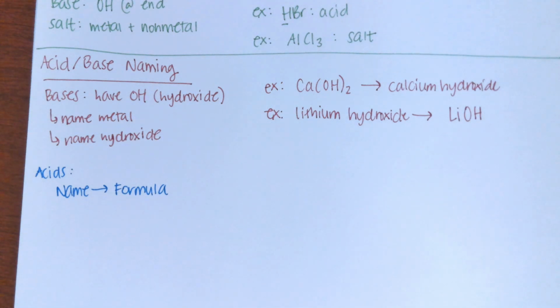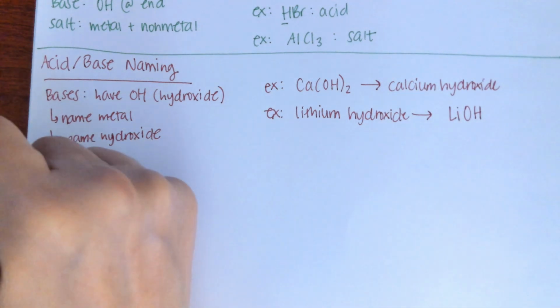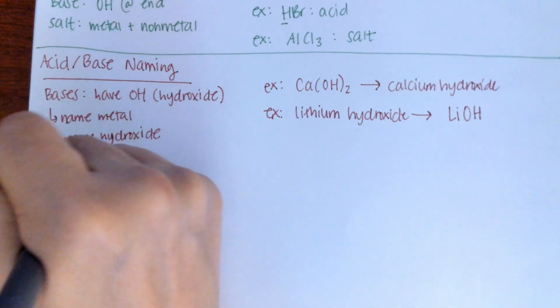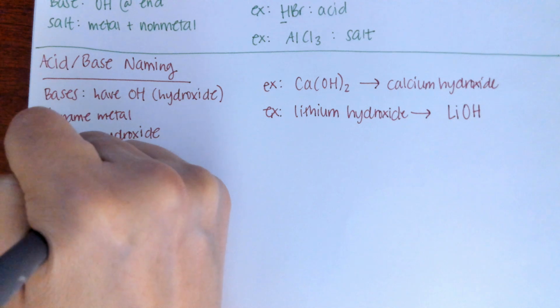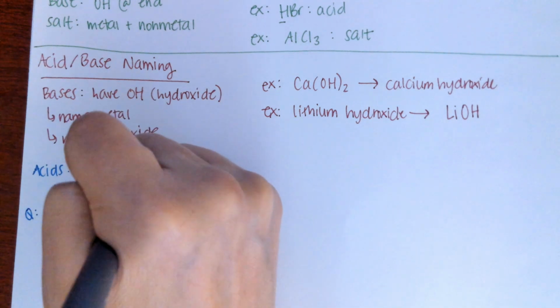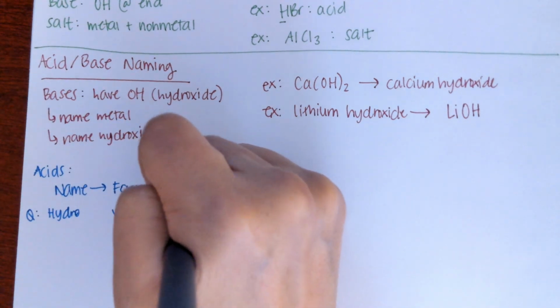Alright, so whenever you have the name and you have to convert it to the formula, the first question to ask yourself is, is there hydro in front in the name or no hydro?